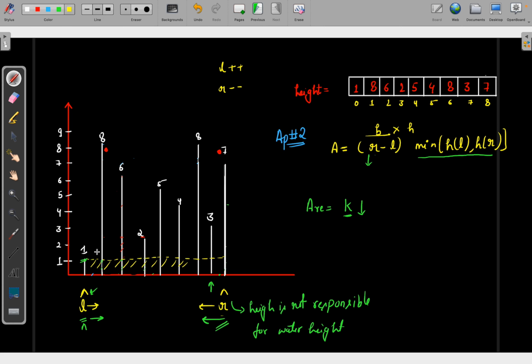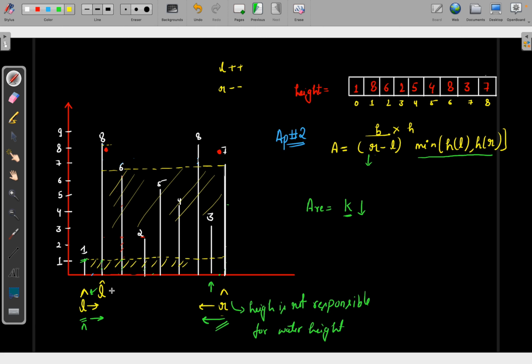So suppose if I am moving my L pointer here, now what is the height? Now this is the height. Okay. So I will get this much water. Now which pointer's height is responsible? This pointer height is responsible.